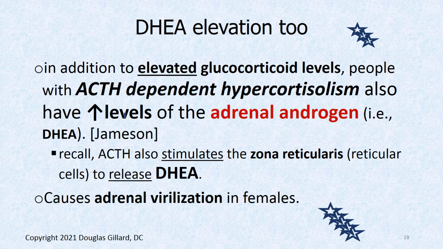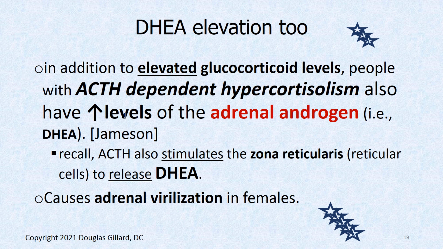Let's see. DHEA elevation. Well, yeah, if you have ACTH-dependent Cushing's disease, since ACTH is driving stimulation of the fasciculata cells, which release cortisol. Remember, ACTH also stimulates the reticularis cells, which make the DHEA.